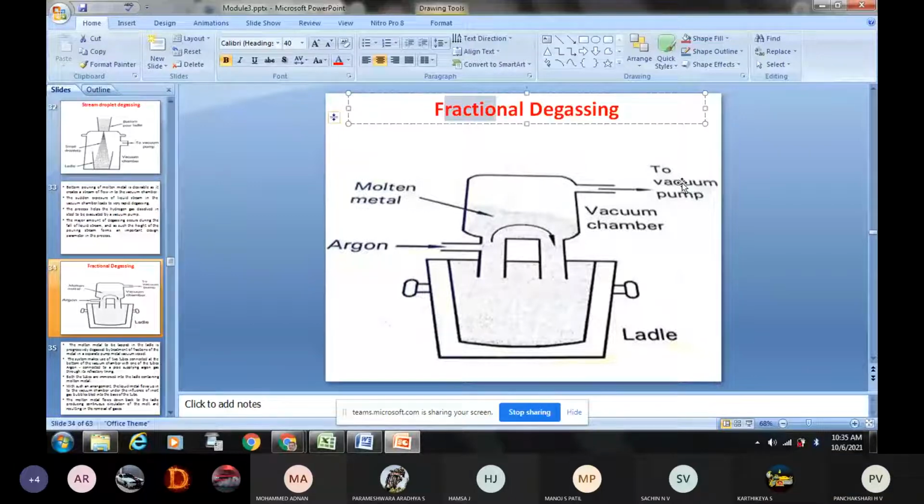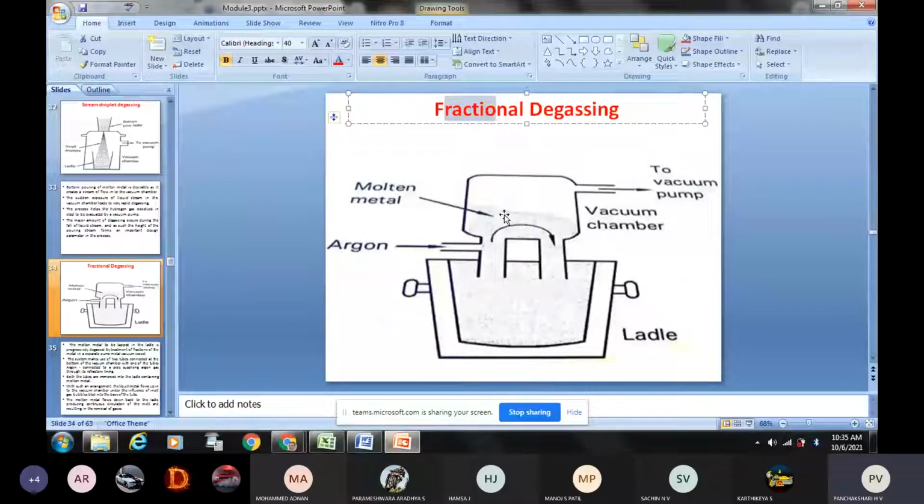This is done slowly, and the purified or degasified metal again enters this ladle. See, the fresh metal enters into this chamber, and degasified metal enters back to the ladle. Like this, it is continuing fraction by fraction, continuously, slowly it is taking place.